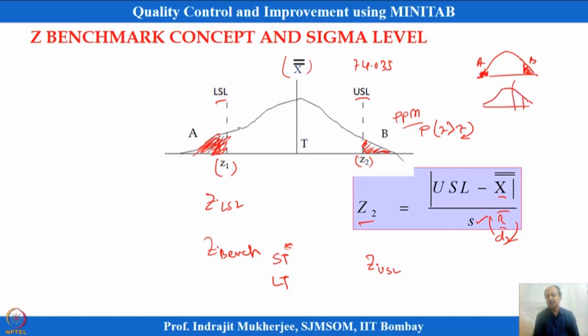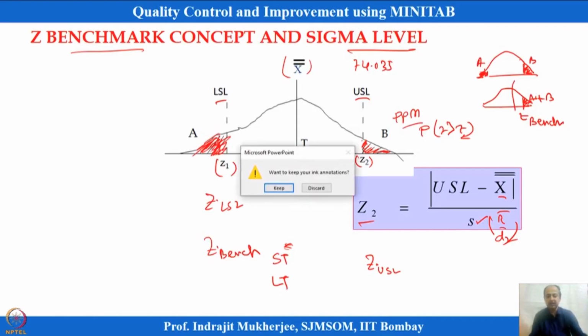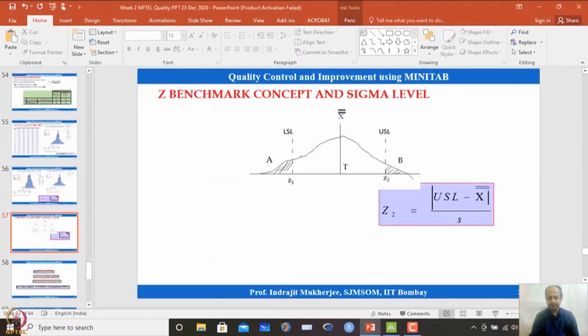So, all A plus B will be put over here, and then it will calculate the corresponding Z, and that will be the Z benchmark. That concept is used to define the sigma level in MINITAB. Okay. Z benchmark short term is the sigma level of the process, and we have options in MINITAB to do that. Let us try to see in MINITAB how it is possible.